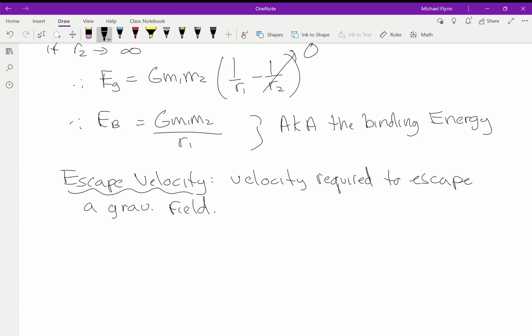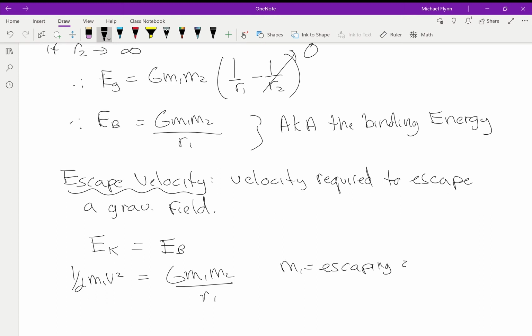Well, it's obviously connected to binding energy, but what you're going to do is just give something enough kinetic energy that it's equal to its binding energy. Therefore 1/2 m1 v squared equals G m1 m2 over r1. m1, by the way, is the escaping object. m2 is usually a planet, not the thing that's escaping the planet.